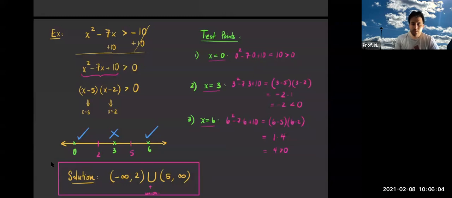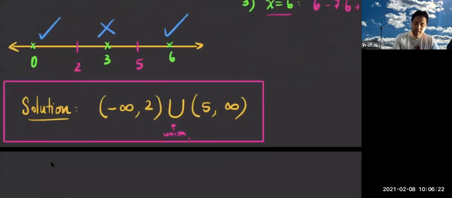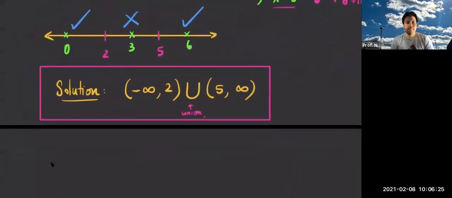Yeah, the U in the middle, Chen, is exactly what I just said. It's the union. Maybe I wrote this a little small. It's the union. So it's like saying negative infinity to 2, and or including 5 to infinity.